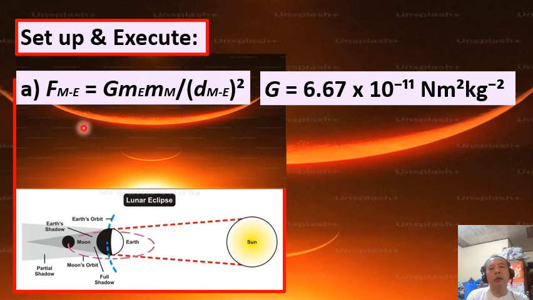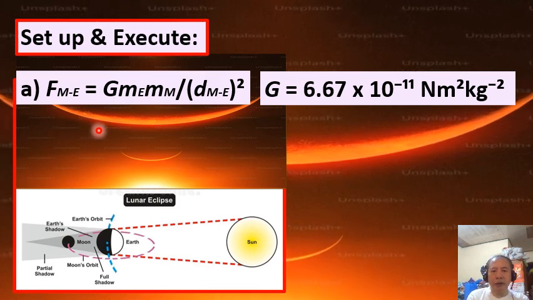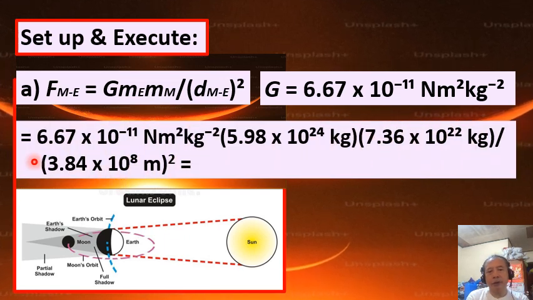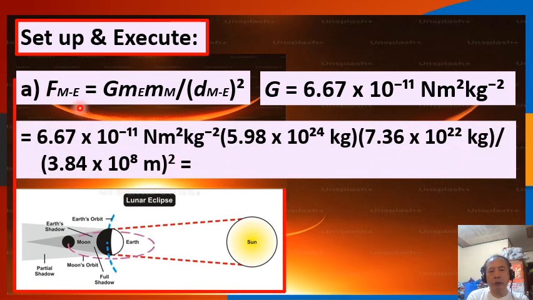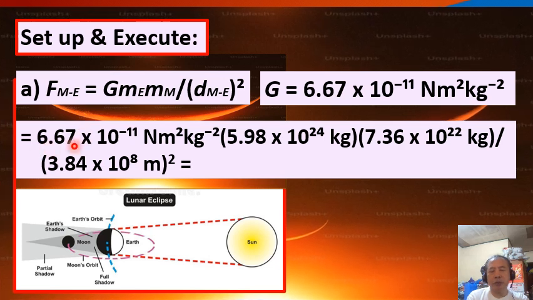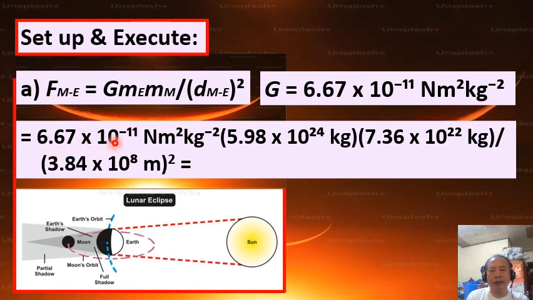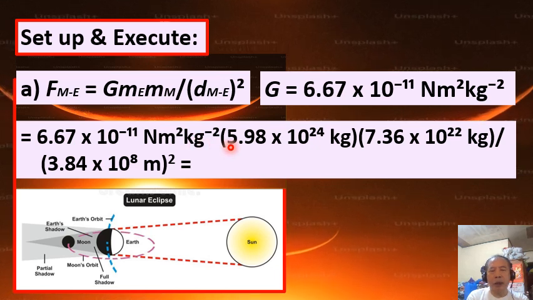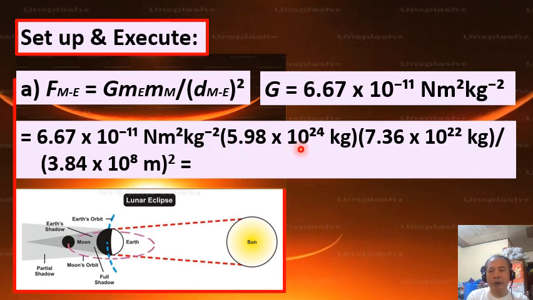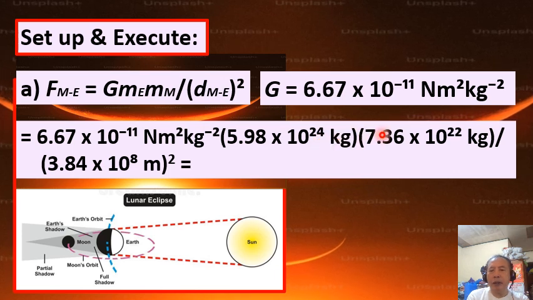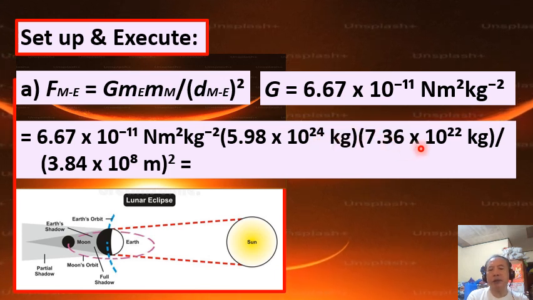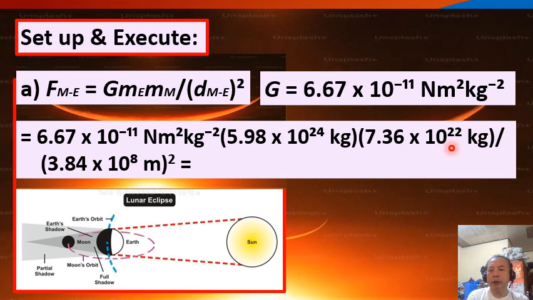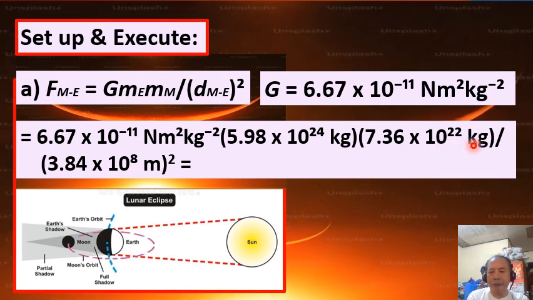So, when we plug the quantities into this equation, we get the force of attraction of the moon on the earth equals 6.67 times 10 to the negative 11 Newton meter squared per kilogram squared times 5.98 times 10 to the 24th kilogram times 7.36 times 10 to the 22nd power kilogram.